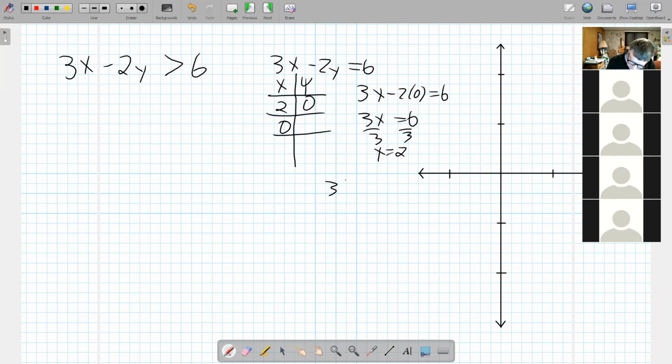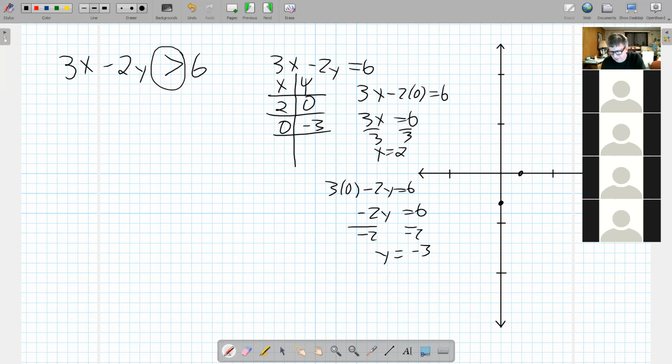If x is 0, we get 3 times 0 minus 2y equals 6. Negative 2y equals 6. Y equals negative 3. So x is 2, y is 0 is there. X is 0, y is negative 3 is there.